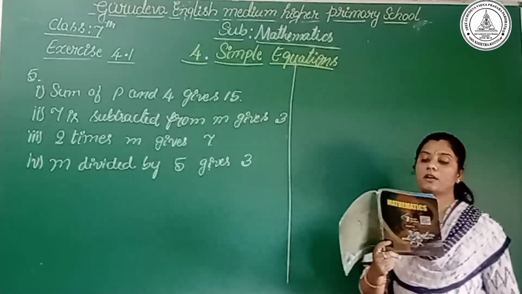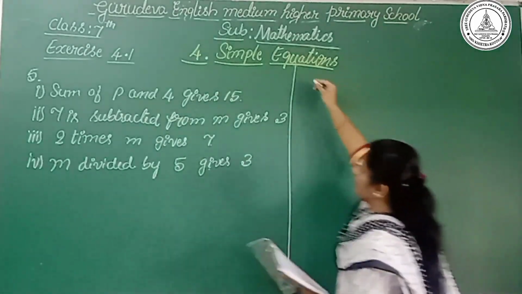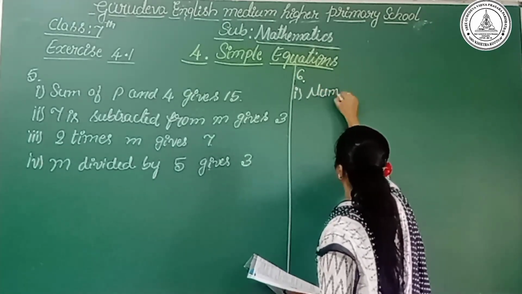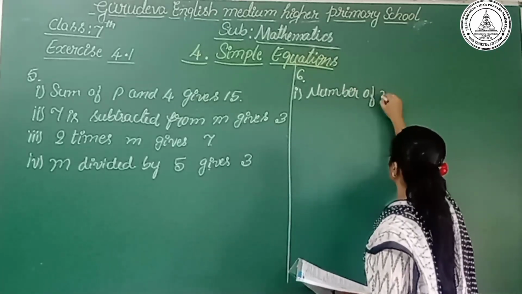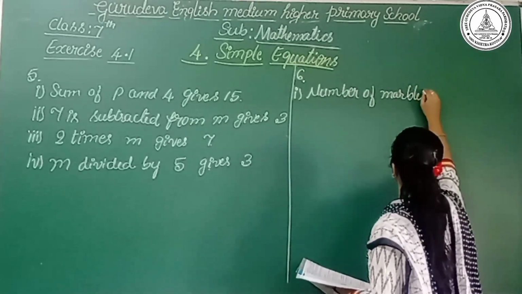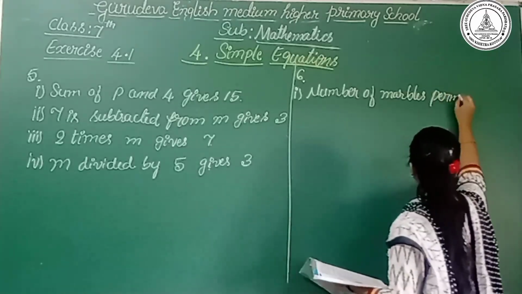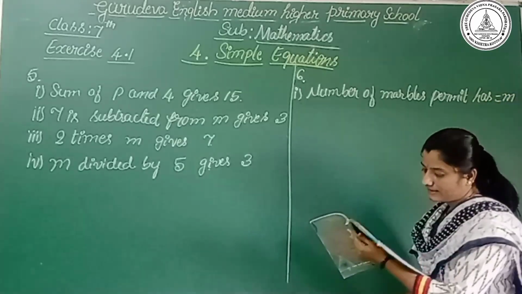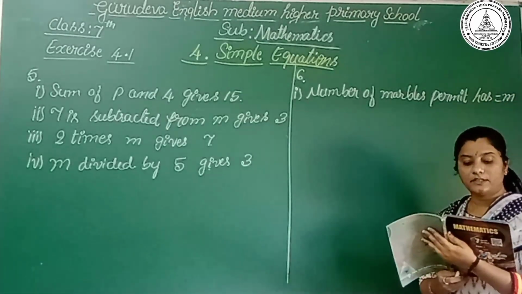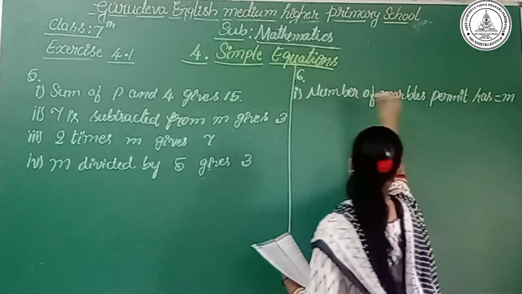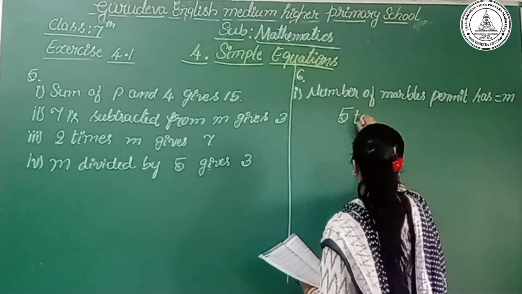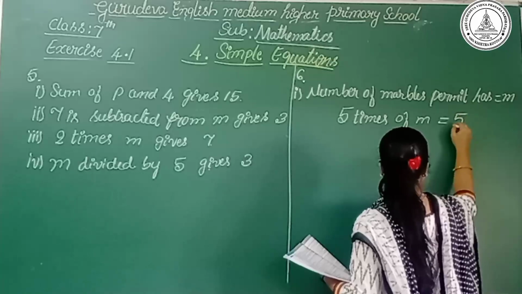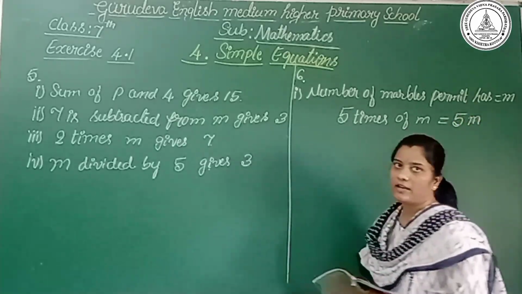So write down: number of marbles Parmit has is equal to m. And he said 5 times the marbles Parmit has. So 5 times m is equal to 5 into m, or 5m.